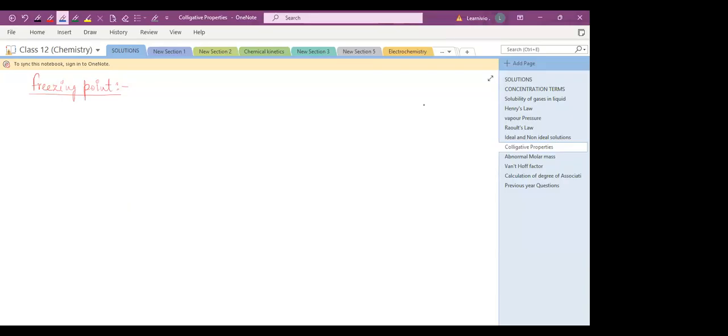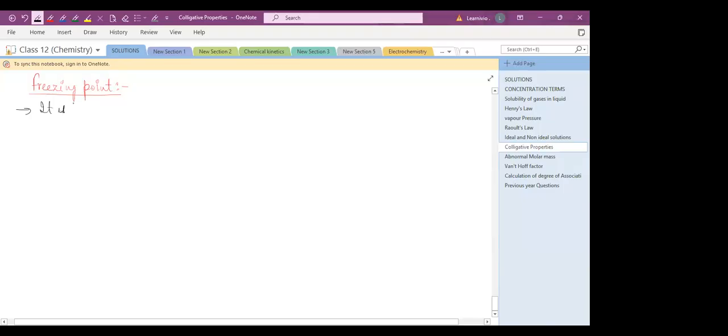Yeah. So basically, freezing point is a temperature at which the vapor pressure of the liquid phase is equal to the vapor pressure in the solid phase. When the vapor pressure in the liquid phase becomes equal to the vapor pressure in the solid phase, you can say that it is the freezing point. That temperature is known as the freezing point. So just write it down. What is freezing point?